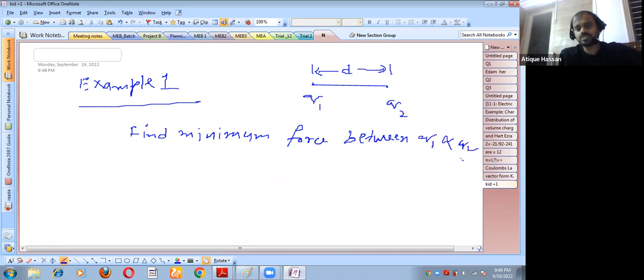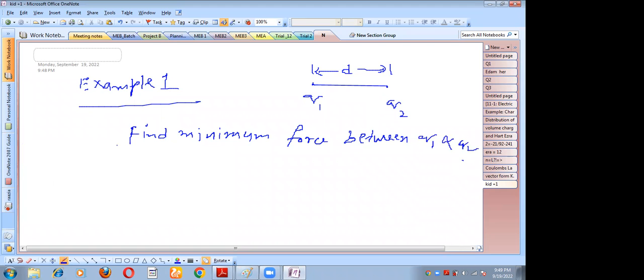This question seems to be pretty easy, but it is not so easy. You have to think a little bit here. So both of you try this question. You have two charges Q1 and Q2 separated by a distance D, and you have to find the minimum force between Q1 and Q2.